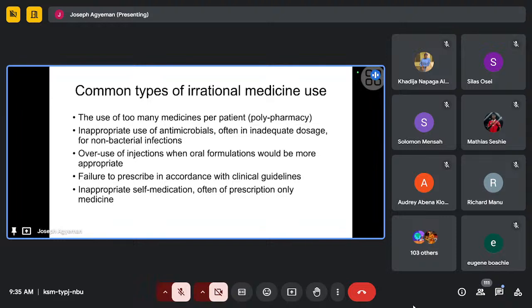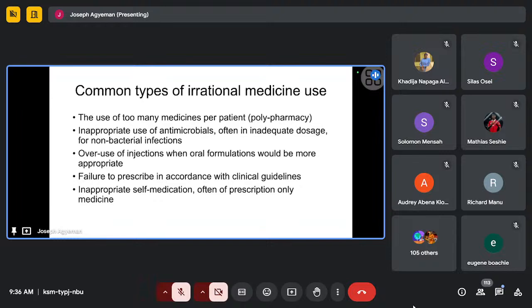Typical example is when somebody has gonorrhea, an STI, where both oral medications like cefixime, ciprofloxacin, and injectables like ceftriaxone are all indicated, but the person decides to use the ceftriaxone injection, where cefixime oral or ciprofloxacin oral is also indicated. Based on the risk involved in injections, it can even create abscesses and cause a lot of problems. And you decide to use the ceftriaxone over the oral cefixime, then it becomes a case of irrational drug use.